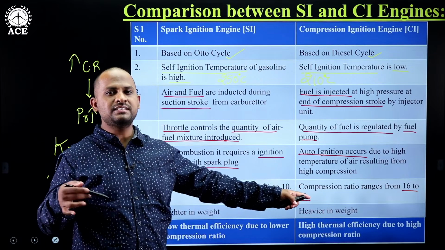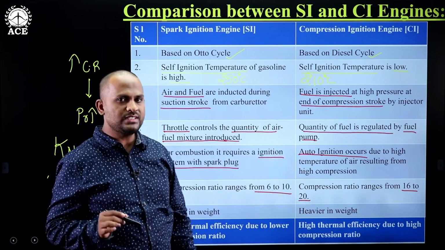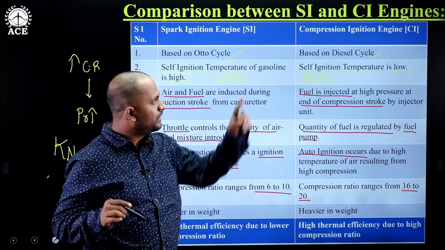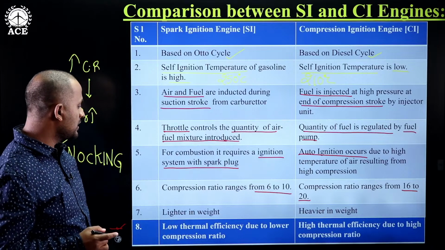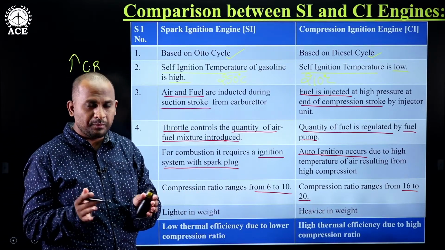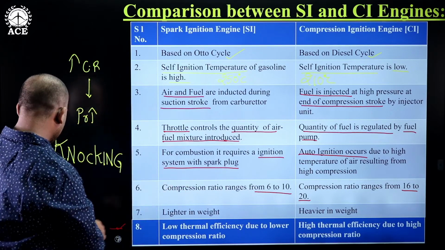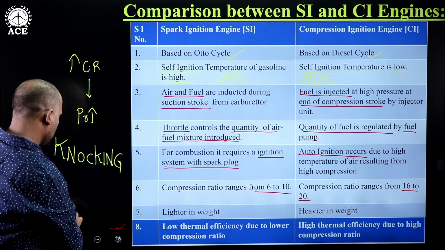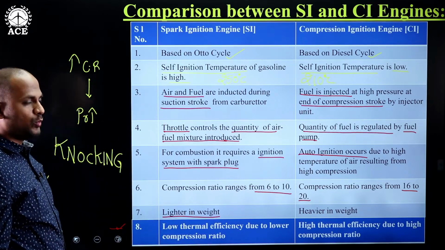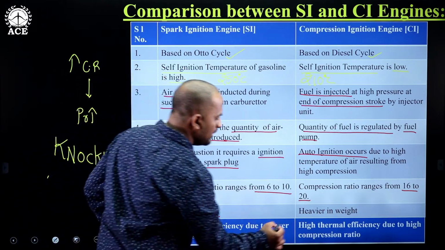we have to increase the temperature for the ignition of the fuel which is injected. So the compression ratio is higher for compression ignition engines. Because the compression ratio is less, the size of the engine will be less, and because of that, SI engines will be lighter in weight, and when the compression ratios are higher, the engine is heavier.